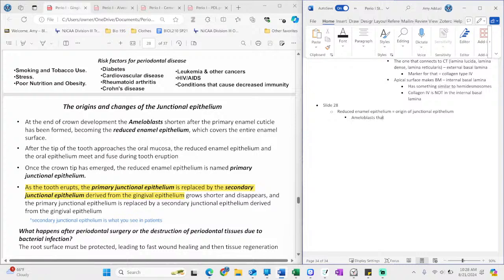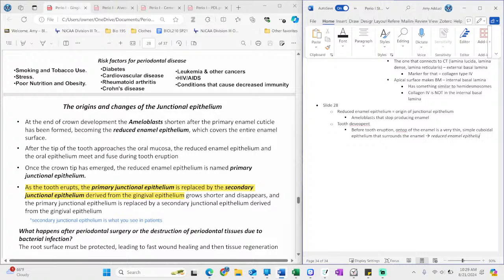So if you remember from tooth development, before eruption, on top of the crown, on top of the enamel, was a very thin simple cuboidal epithelium surrounding the enamel. That is the reduced enamel epithelium.